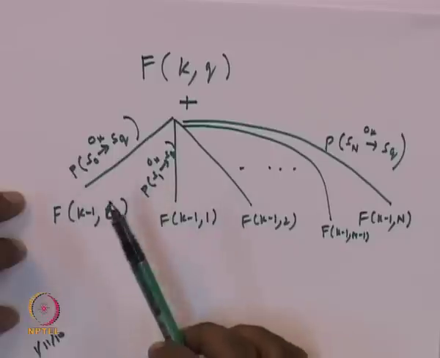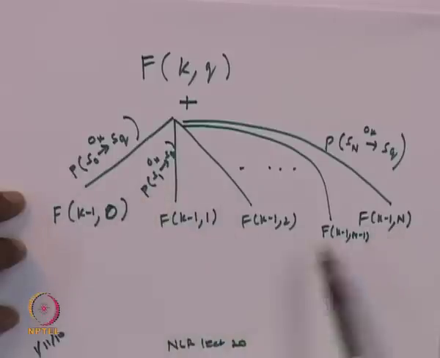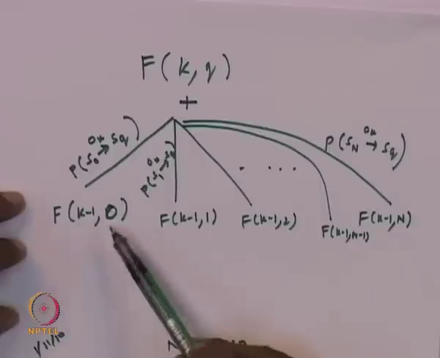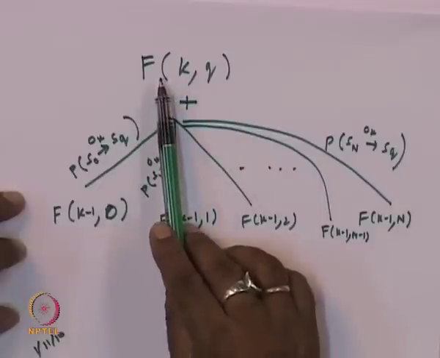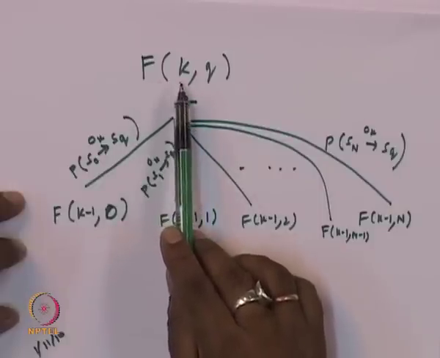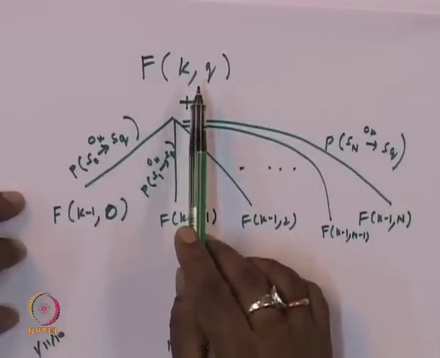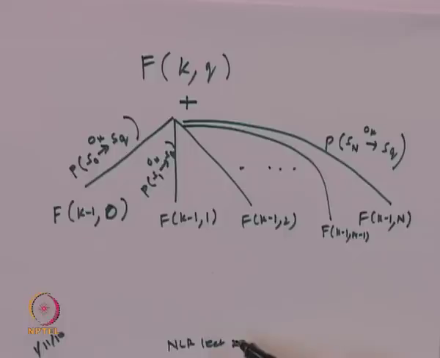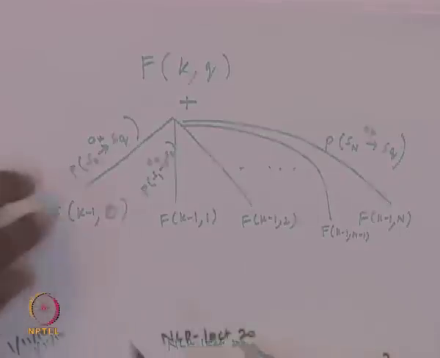So, we have n plus 1 operations giving rise to the computation of f k comma q. Okay. So, we can write a complexity expression in the next slide.